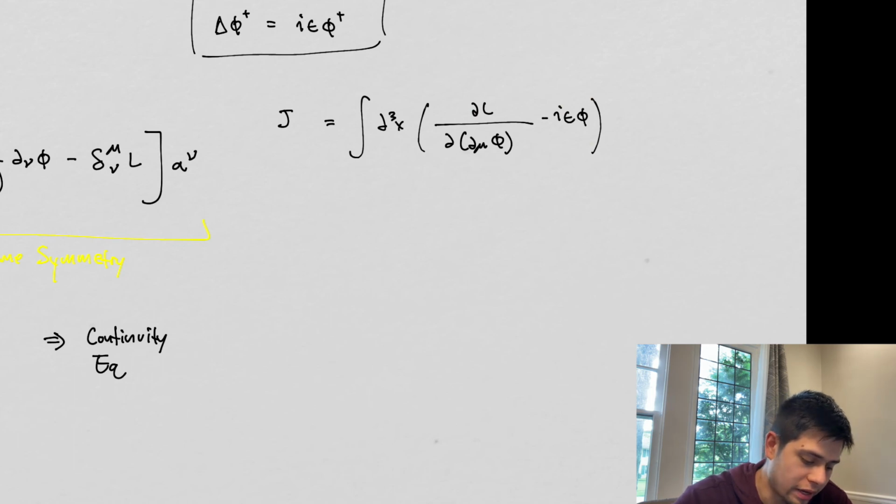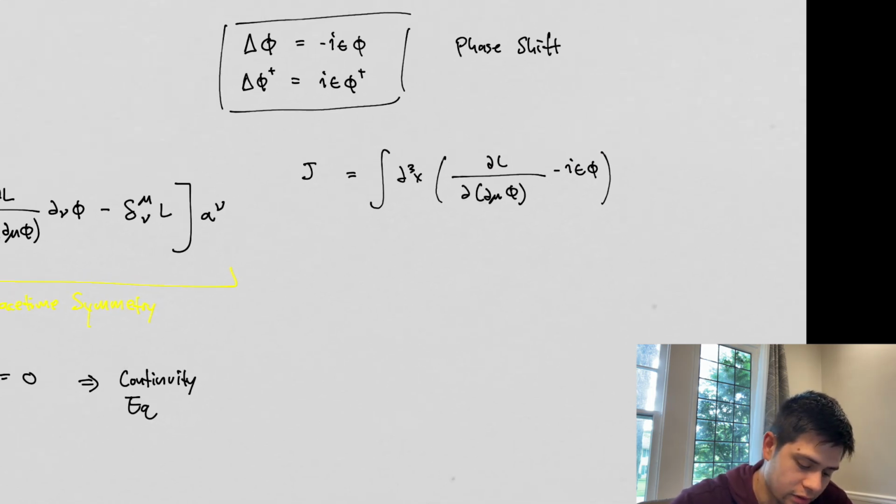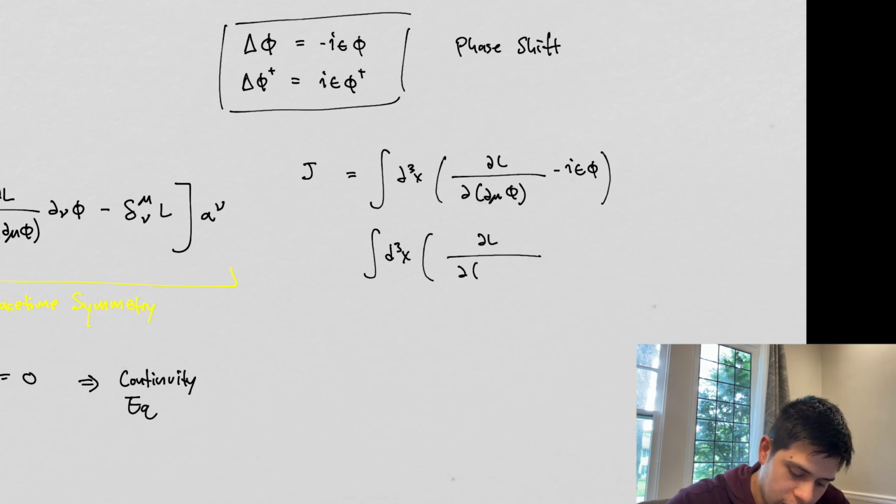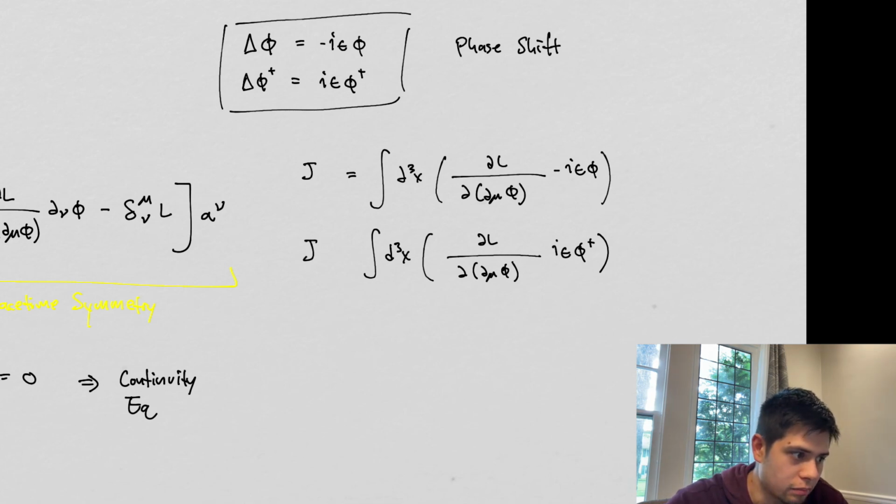But we have two different types of them, because we have d3x dL d mu phi, and phi dagger, like that. The book calls this mu 1 and mu 2, where 1 and 2 correspond to whether it's the complex conjugated version or not.